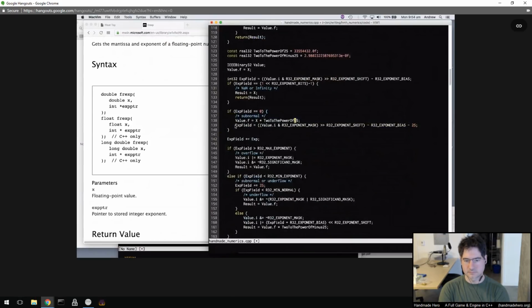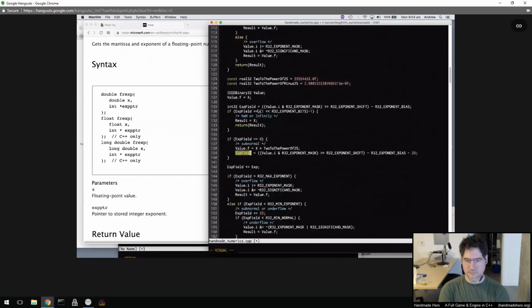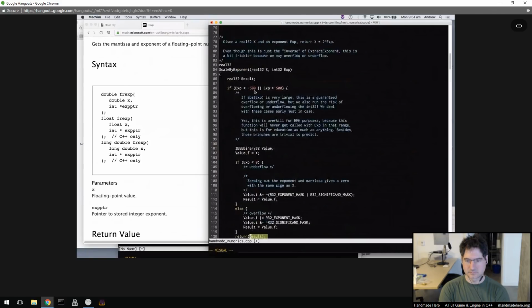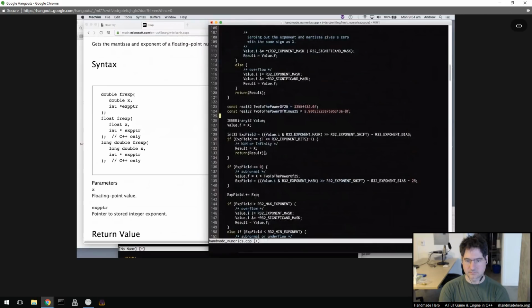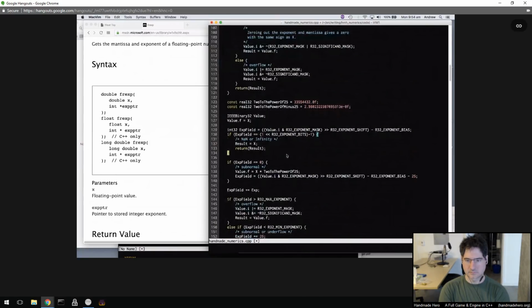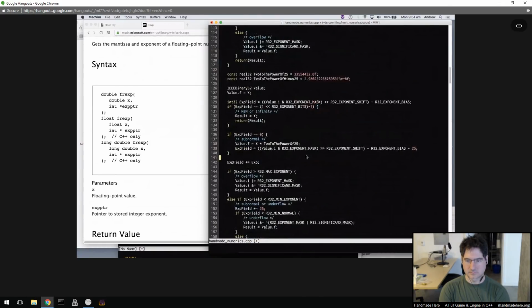This again turns it into a kind of normal number. So we pretend that we've got more bits of precision. This is in 32. For the subnormal case, we do that and subtract off 25. So that's if we're scaling a subnormal number.